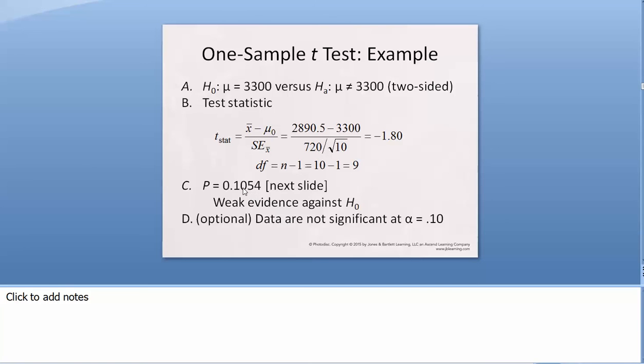So the p that you got is about 0.10, and if you set your significance level to be 0.10, this p is only slightly larger than that.